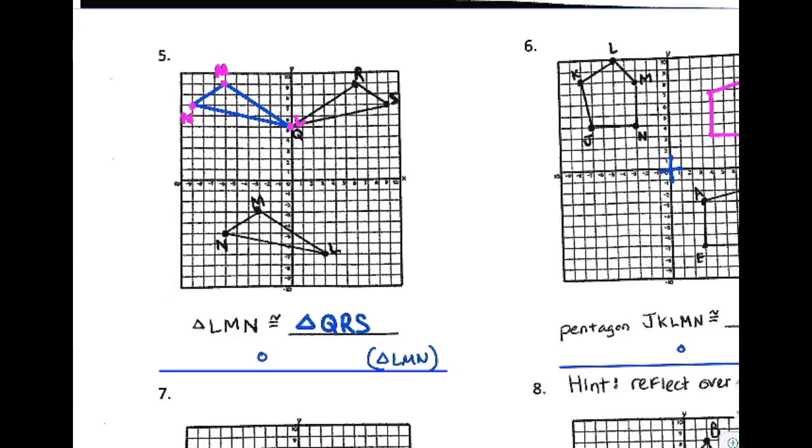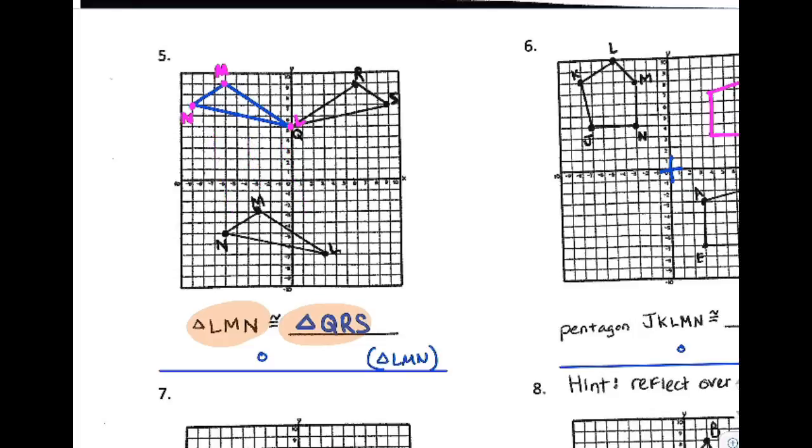Okay, number 5 is an odd numbered problem. We were asked to take LMN and map it onto QRS. So the first thing I did, I already have it drawn here, is I translated it first. And I translated it by choice so it lined up right on point Q there, so then I could easily reflect it over the y-axis as a second step.